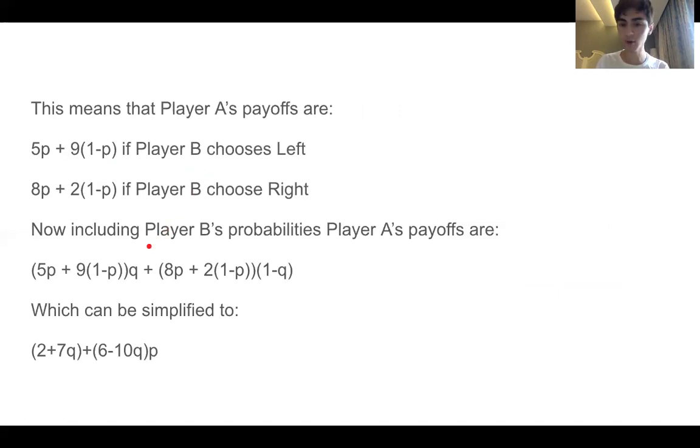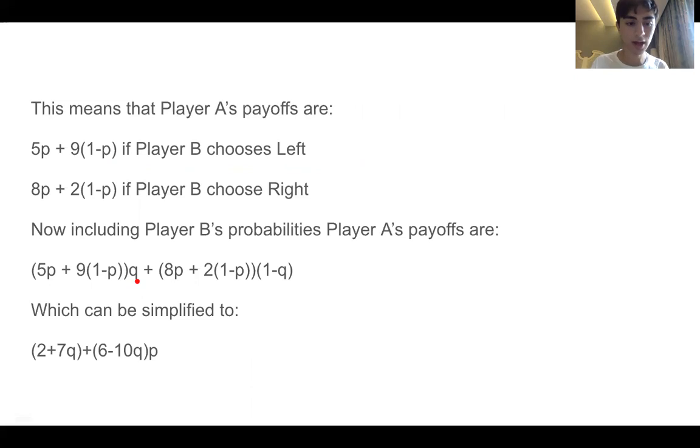So let's go back to the long function and look at both of these. When we are given what P is and what Q is, we can calculate what player A's expected outcome is. So we plug in P, let's say it's 3/4, and Q is 5/7 or something.